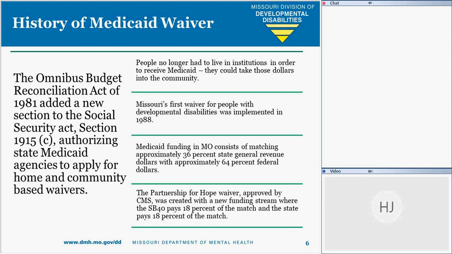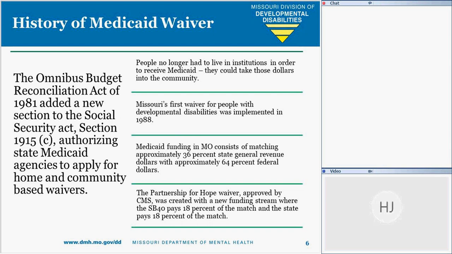So again, typically state plan services are available to all Medicaid eligibles. With this Act, a new section, we can apply for waivers to develop specific arrangements with the federal government to use Medicaid funding for specialized services and a target population instead of all Medicaid eligibles.